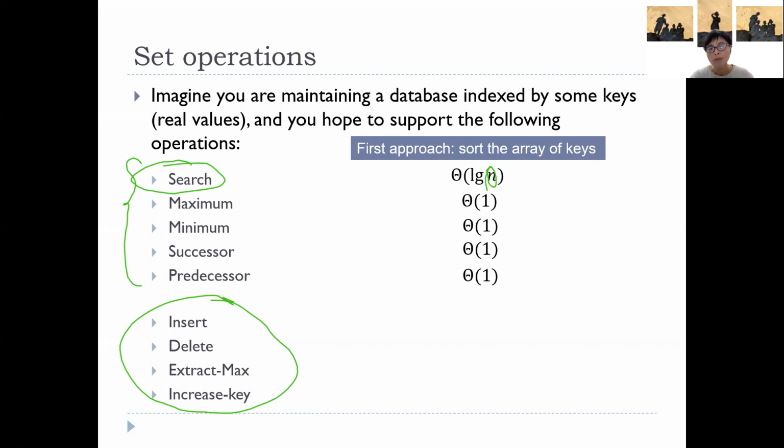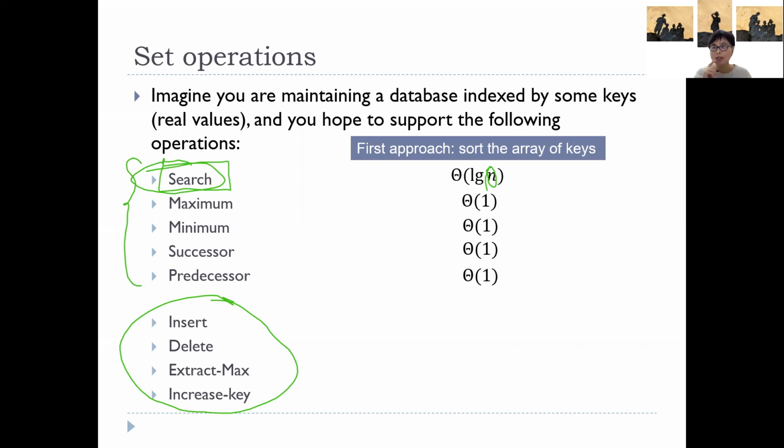However, suppose you now want to insert a new element. You also want to make sure that after insertion, the array is still sorted, so that in the future you can still perform search and all these operations efficiently. What do you do?